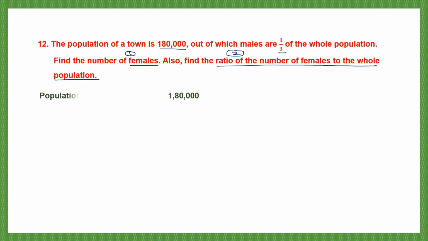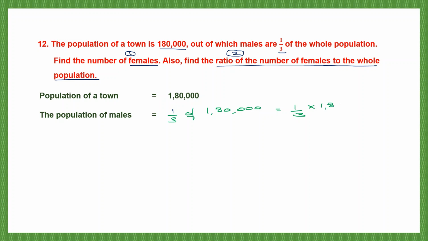So let's begin. Population of a town is 1,80,000. In that, the population of males is 1/3 of the whole population. That means 1 by 3. So let's write that 1 by 3 of 1,80,000. So now we're going to find this. So 1 by 3 of means 1 by 3 into 1,80,000. So let's find this.